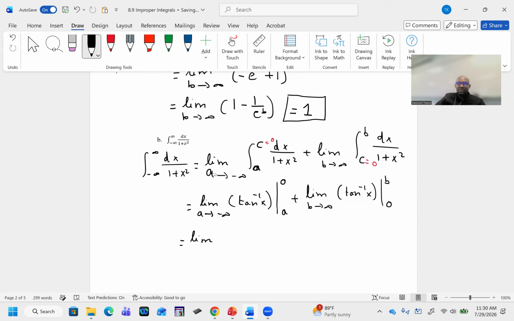That is 0. So we'll have 0 minus tangent inverse of a, as a is going to negative infinity, plus the limit of tangent inverse of b minus 0 as b is going to infinity.